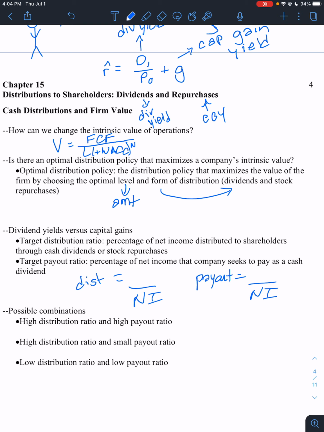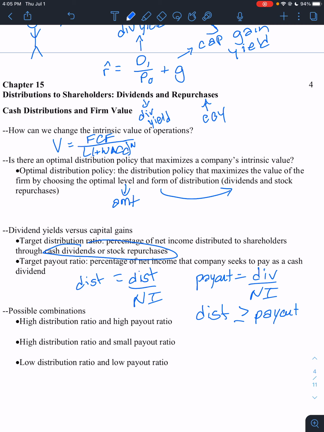Distribution ratio, it says the percentage of net income distributed to shareholders through cash dividends or stock repurchases. So it's the entire amount we're distributing. Whereas the payout ratio is just the cash dividends. And so that means that my distribution ratio is always greater than or equal to my payout ratio, right?